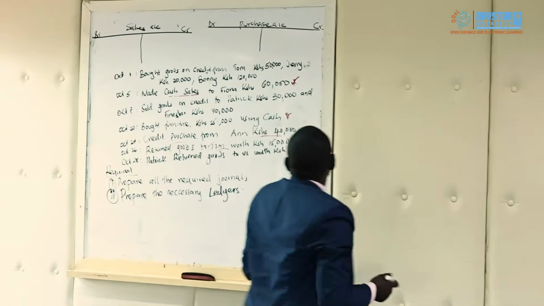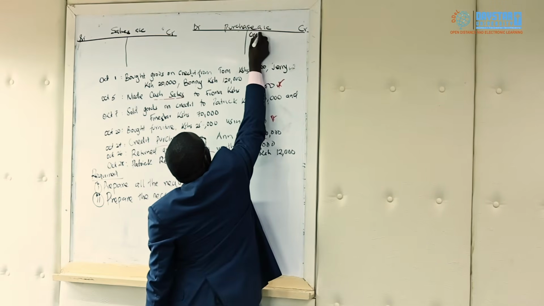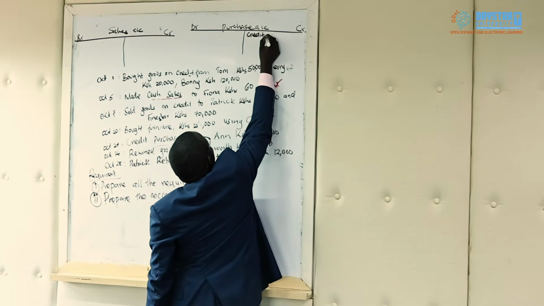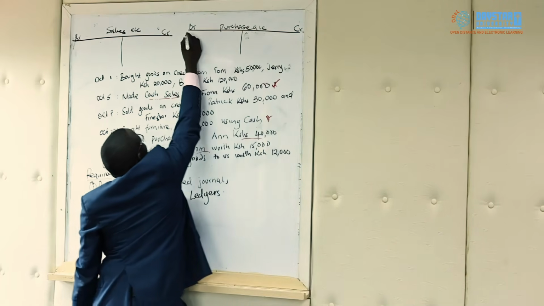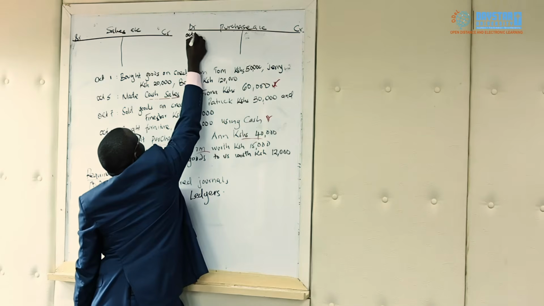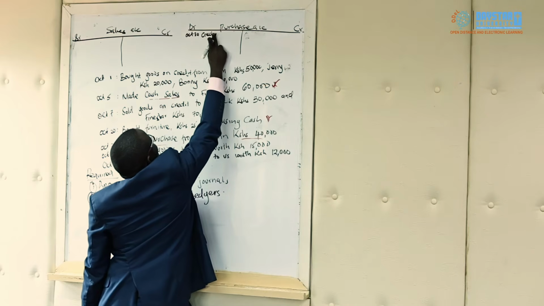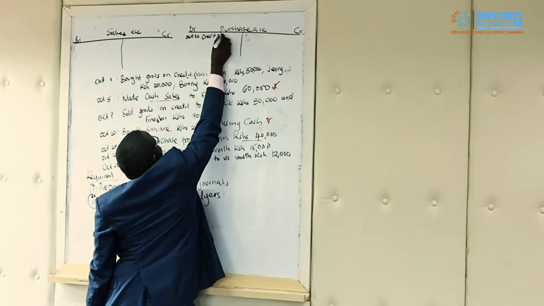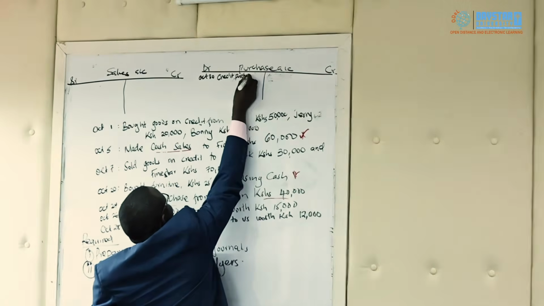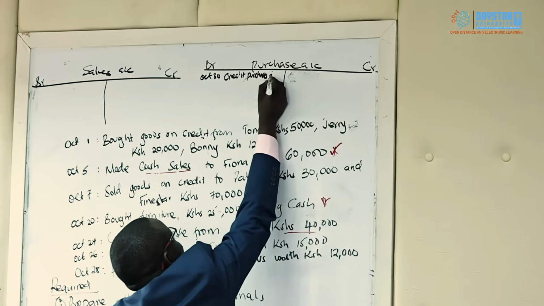So you just write credit, sorry, for purchases we normally debit, so it comes this side. Debit purchases, you get the total of 230.